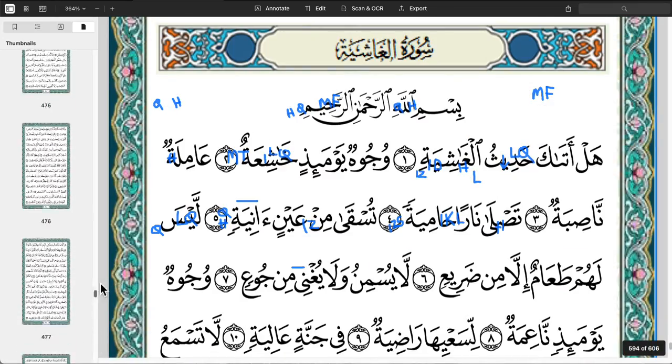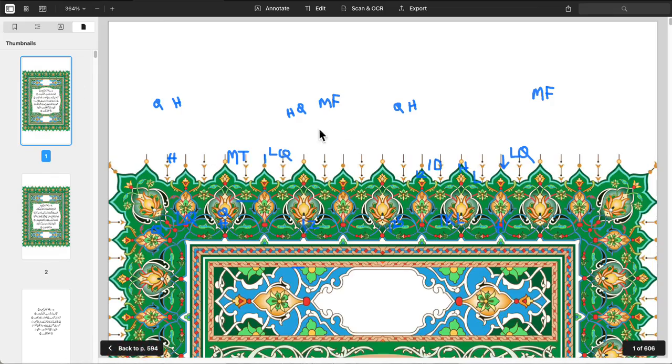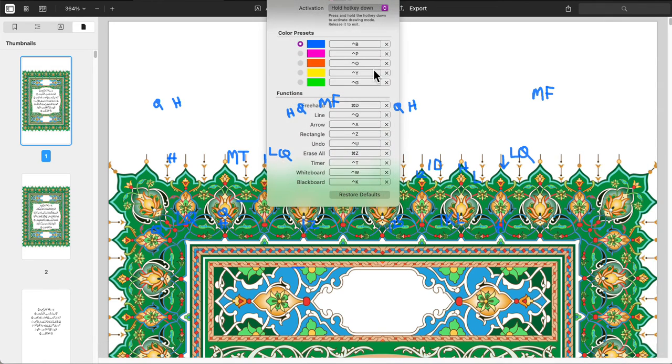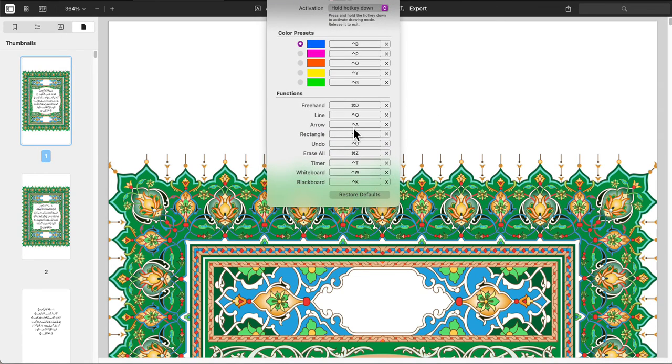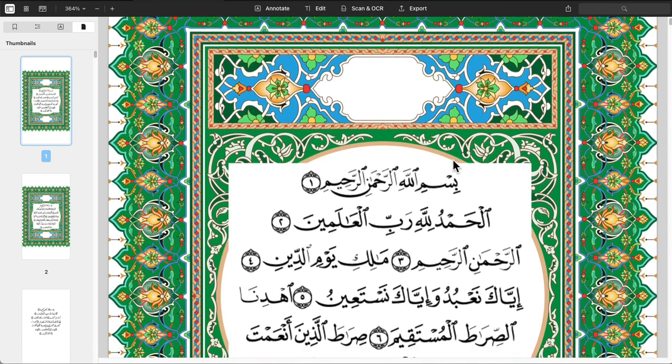Okay, how can I go quick there? And then how to erase. I have to open my tool again. Erase all, this one, Z. Yeah, there you go. And then to write, I need D. Okay, I just need to memorize that.